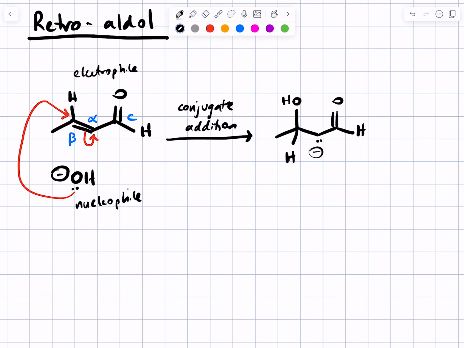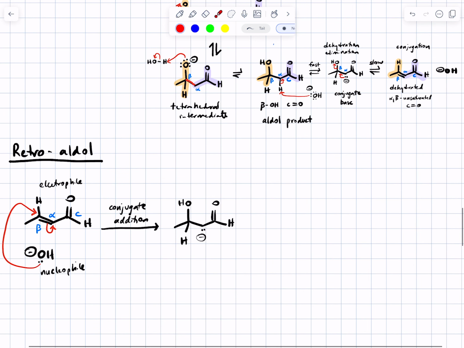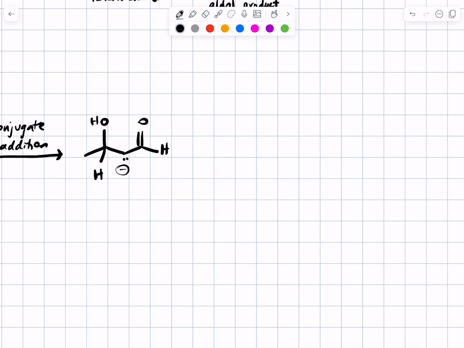Then what? Looking at the forwards step, the immediate precursor to this negatively charged conjugate base is the beta hydroxycarbonyl compound. So what am I going to do mechanistically? Sometimes if you're stuck, just go ahead and draw the structure of the next step, which you can copy down from the mechanism above.